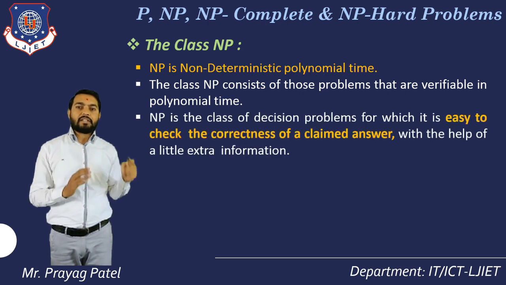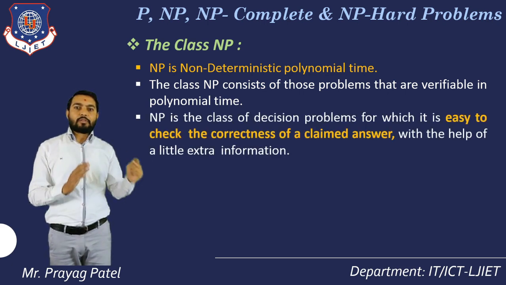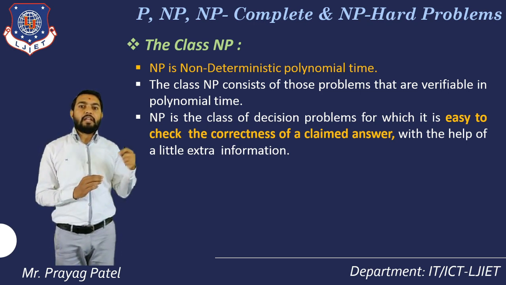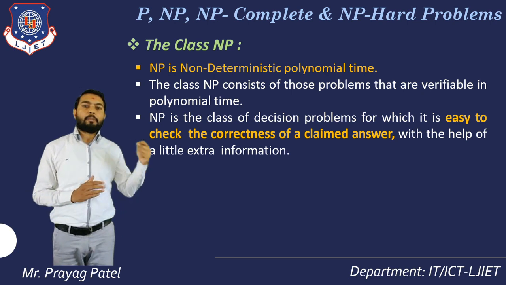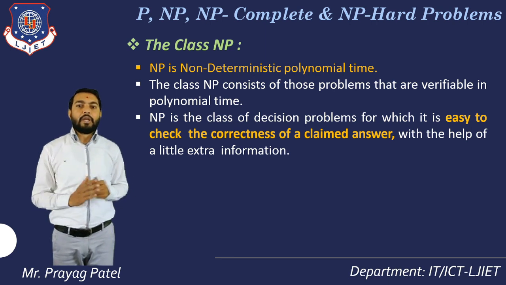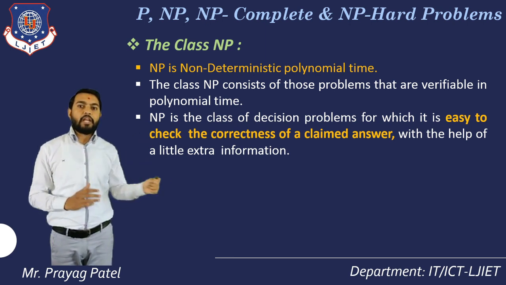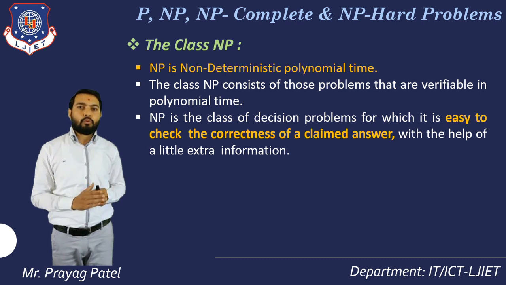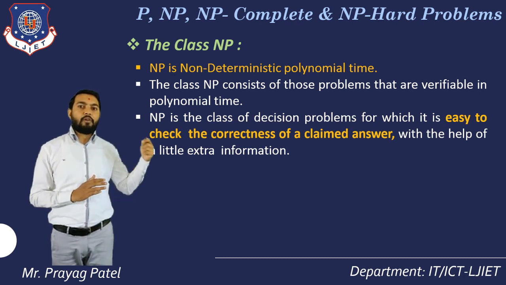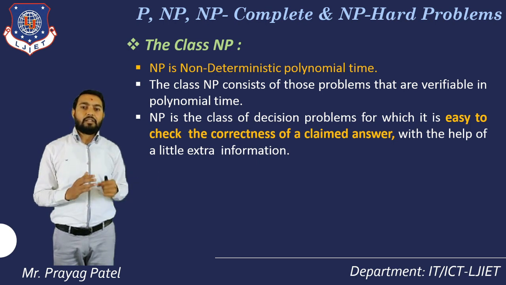For example, take a Sudoku problem. Your solution cannot be found in a fixed amount of time, not in polynomial time, but after finding the solution we can verify it in polynomial time. After putting each and every value in the Sudoku, we verify the answer in polynomial time, in time of n square, n cube, n raised to 4, like this.